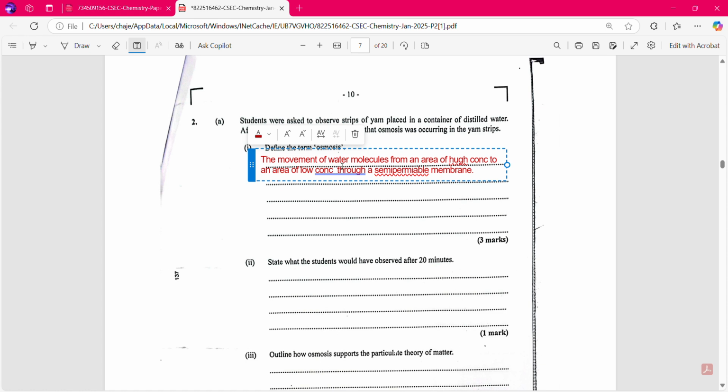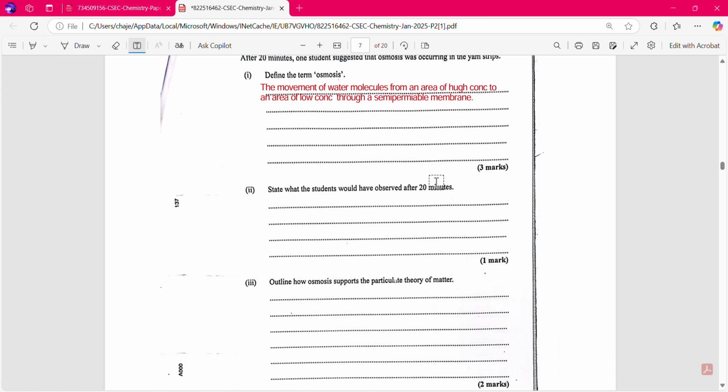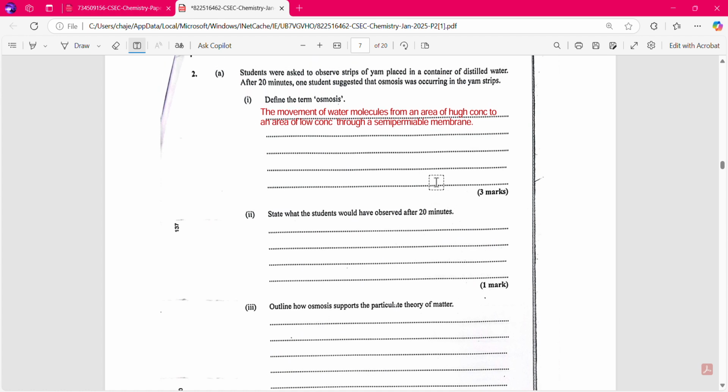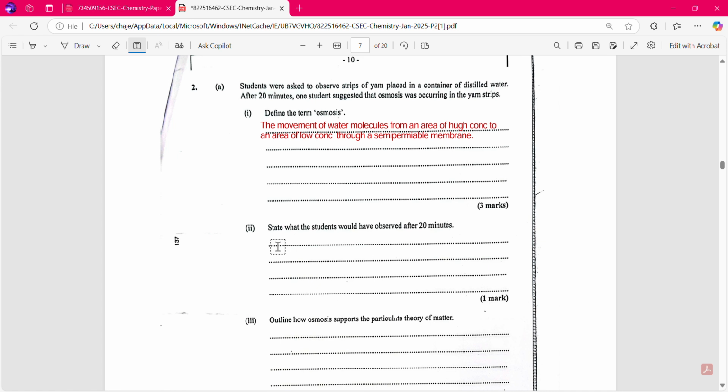All right, that's 3 marks. They're being so generous with this question. All right, state what the students would have observed after 20 minutes. What would be observed?